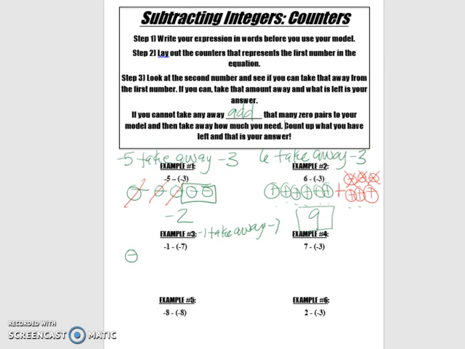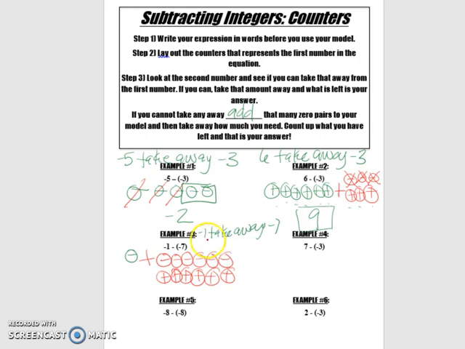We only have 1 negative to take away. Since we only have 1 to take away, we need to add a couple more 0 pairs in order to take away -7. We already have 1 negative to take away. So all we need to add is 6 0 pairs, because this will give us the total amount of negatives that we need to take away.